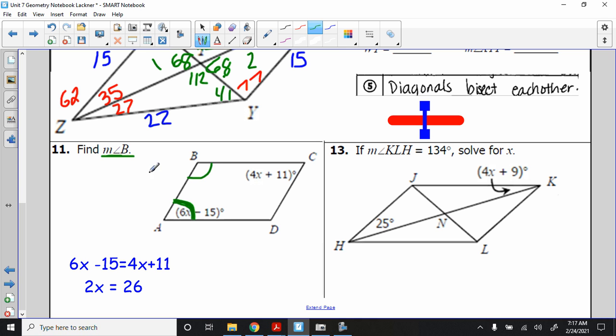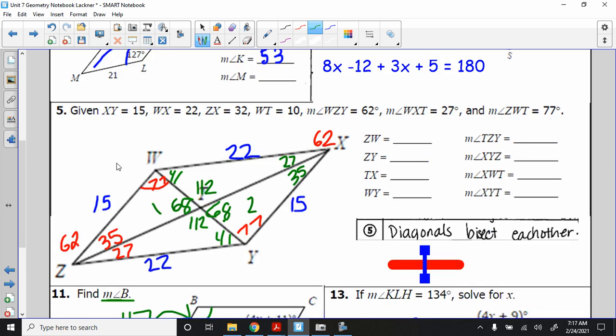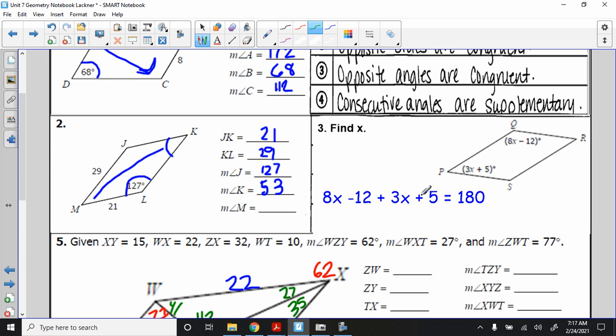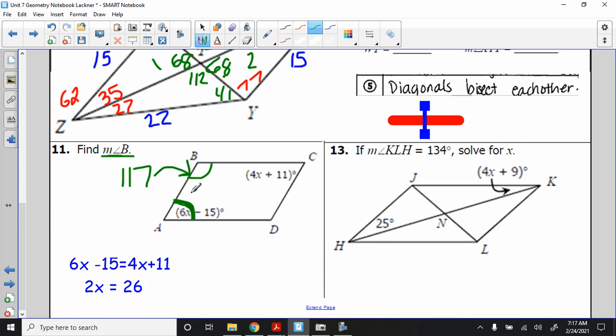So 180 minus 63, 117. So finding X, solve for X, all you do is set up the equation. Finding a measure, you'll need the equation, you'll need X, and then you'll need to plug it in.